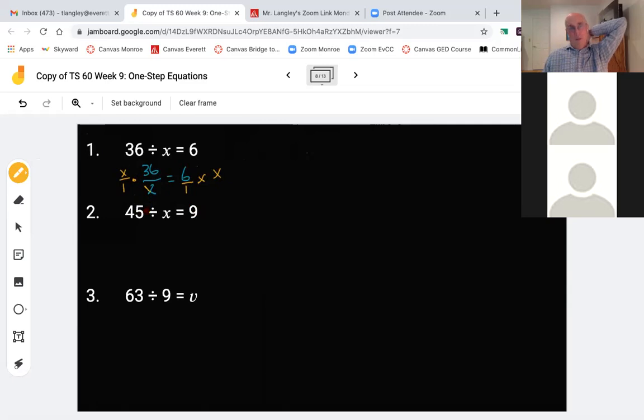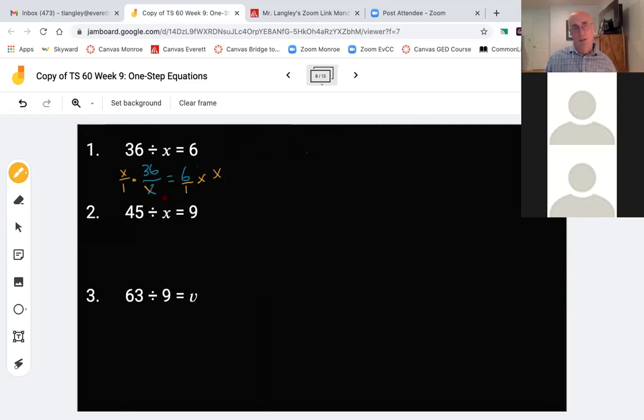The reason, if you're wondering why I didn't multiply by 36, when you've got 36 over x, is because I'm trying to get rid of this bottom thing, the division here. I'm doing multiplication to get rid of the division, something that's underneath something, in a sense.